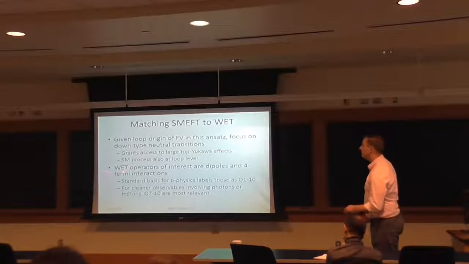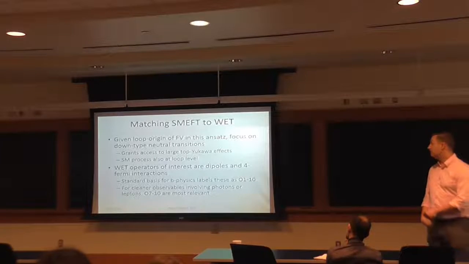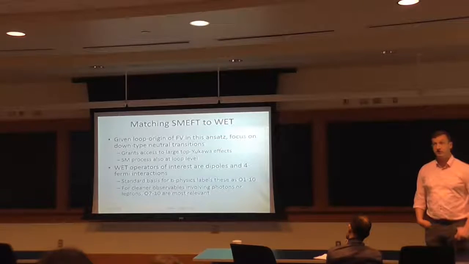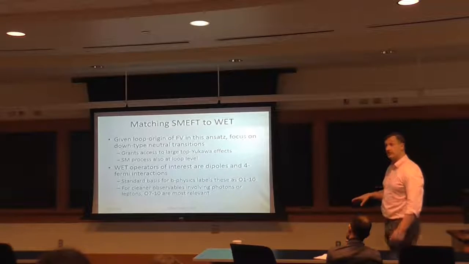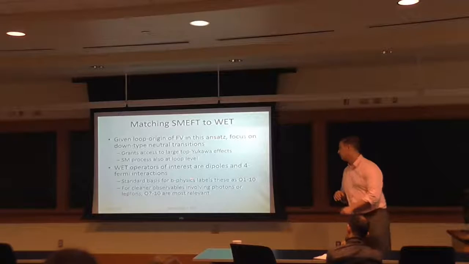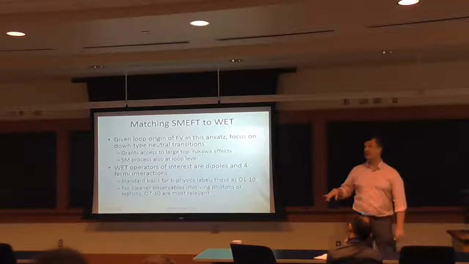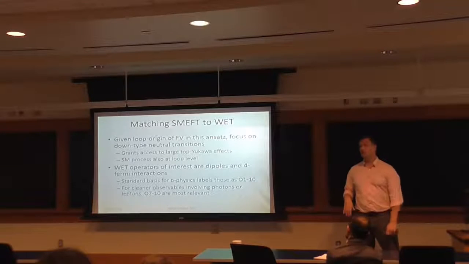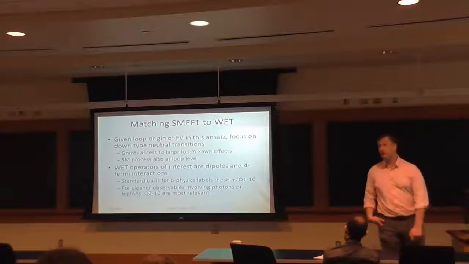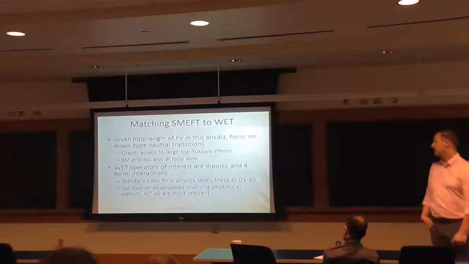The weak effective theory operators that are of interest here are dipoles and 4-Fermi interactions. Dipoles with QCD and QED, and 4-Fermi interactions, the most interesting of which are the ones between b, s, and l+ l-, just because those are cleaner to measure. So those are operators 7 through 10 in the standard basis.